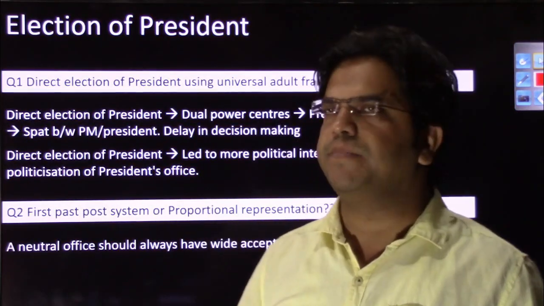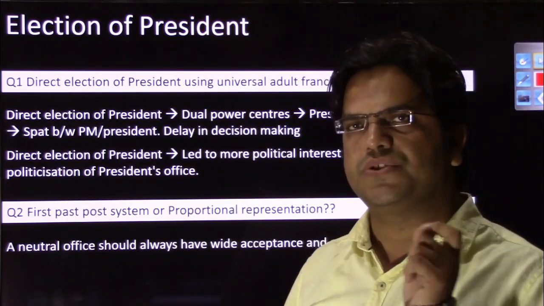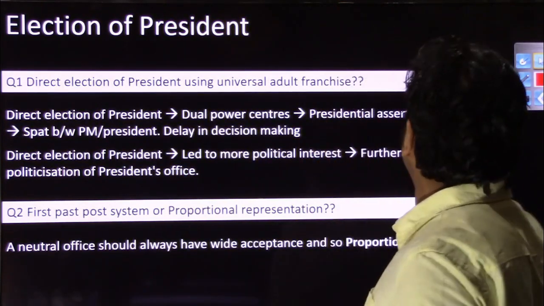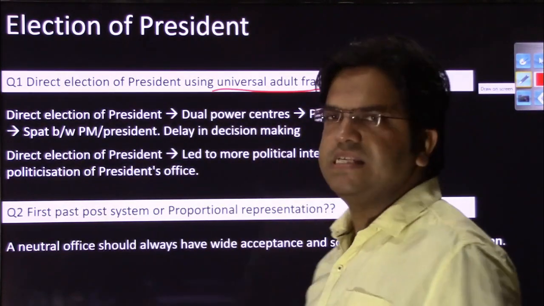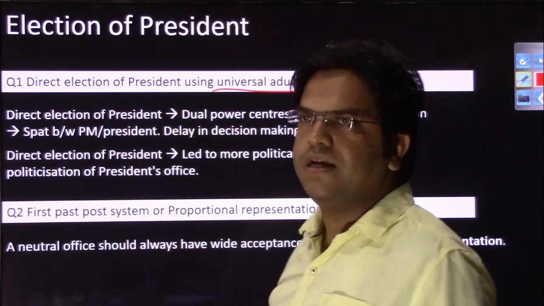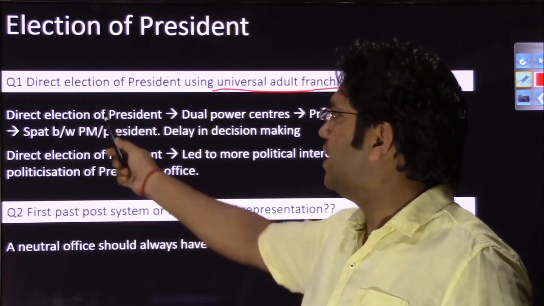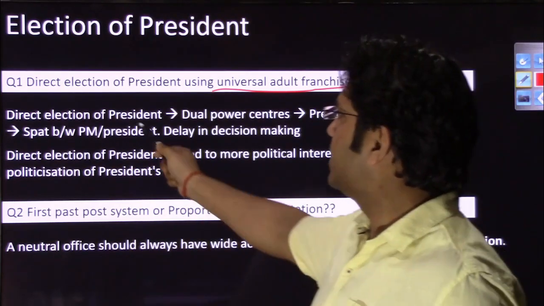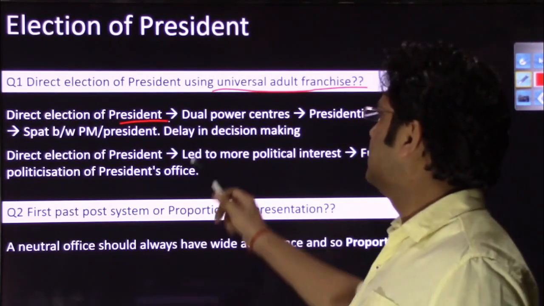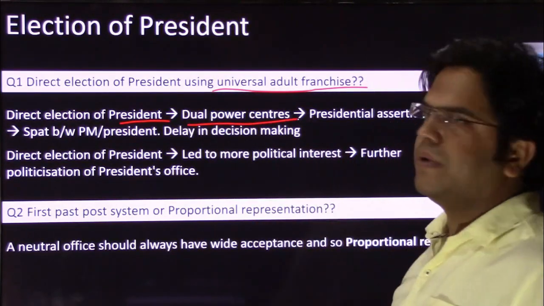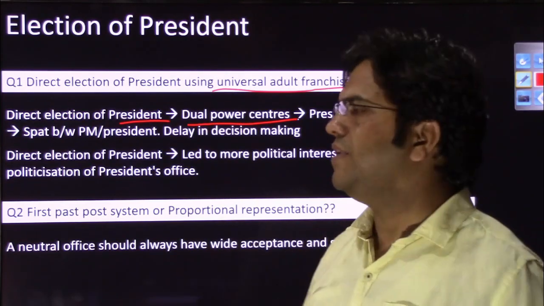Because we are a republic, the President should be elected, but the question was whether he should be directly elected using universal adult franchise, the way we elect our MPs and MLAs, or indirectly elected. That was also a settled thing, where we said that if we directly elect the President the way MPs and MLAs are elected, a dual power center would be created at the union level, and there would be a horizontal division of power.